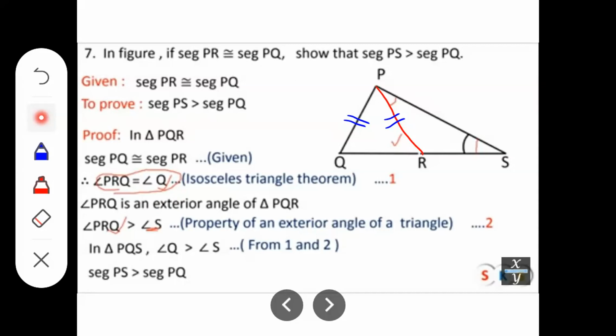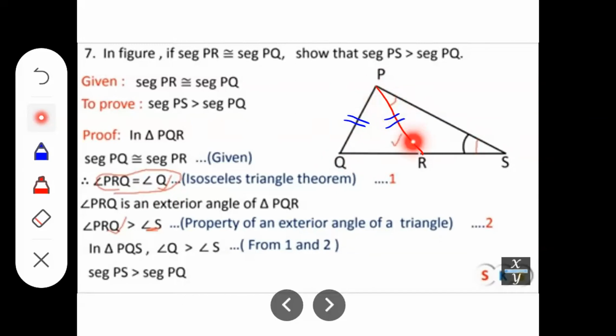Now see triangle PQR. In triangle PQR, this angle R is an exterior angle.